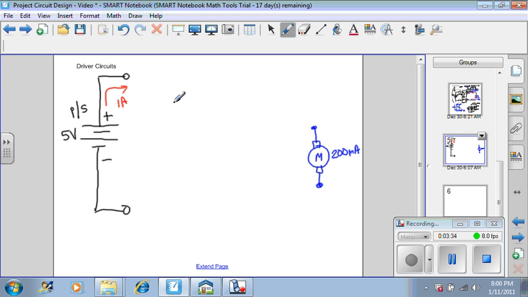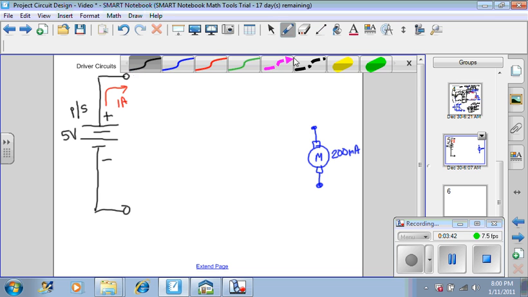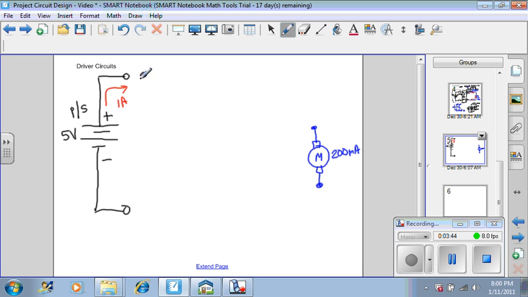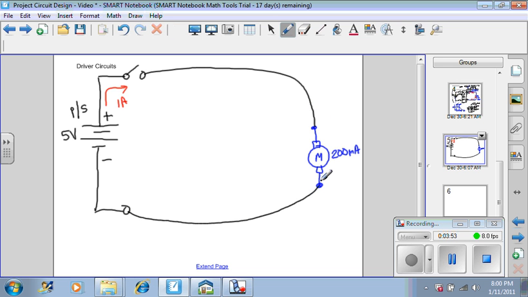And we discussed before that you can connect through a switch to this motor. If this is a 5-volt motor, for instance, you can close the switch and current will flow through the motor and the motor will run as expected.